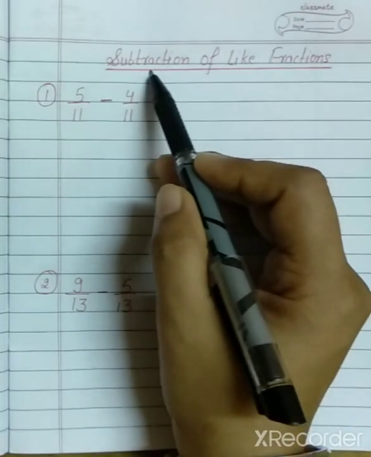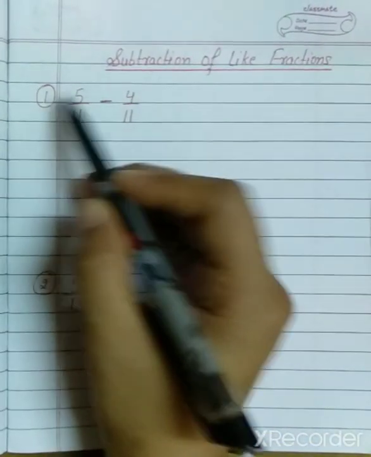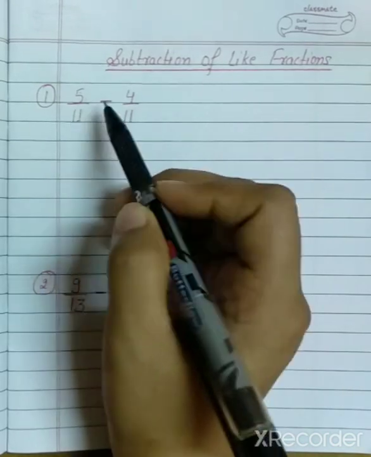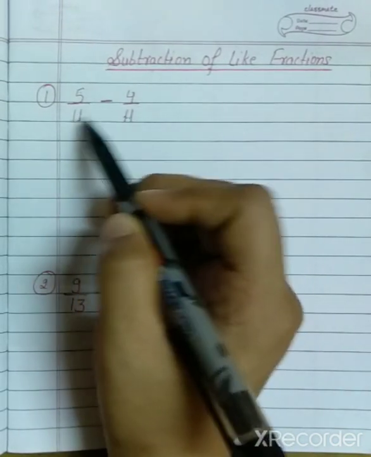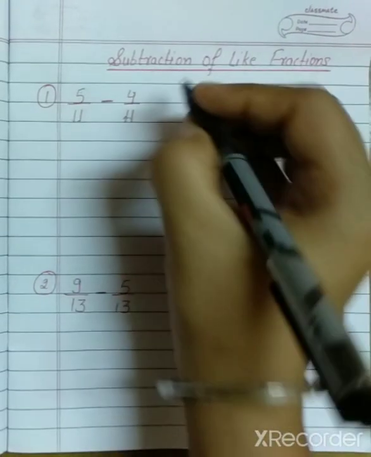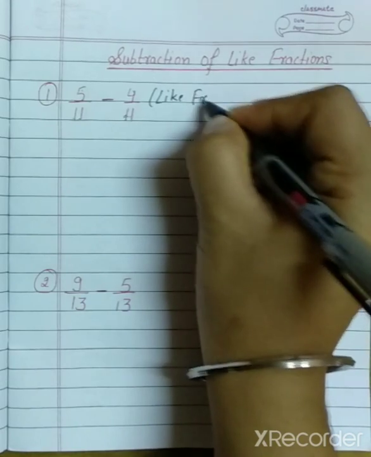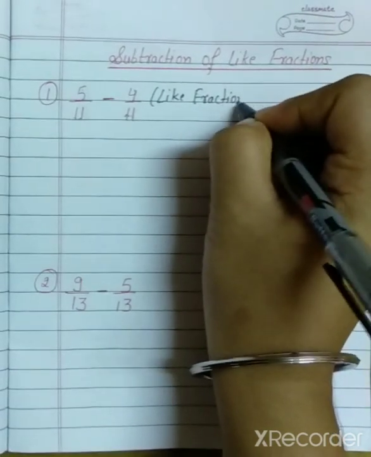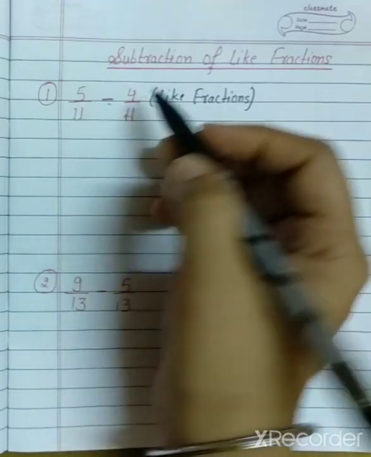Next one is subtraction of like fractions. First one is 5 by 11 minus 4 by 11. Denominators of both the fractions are same. So these fractions are like fractions. To subtract these fractions, what will we do?